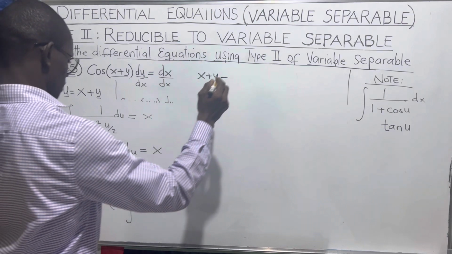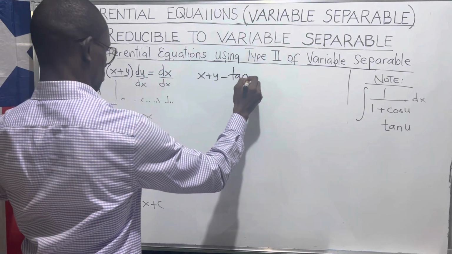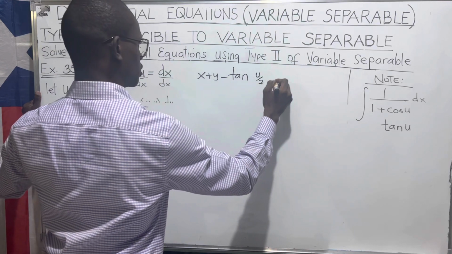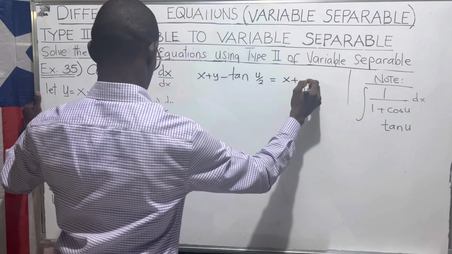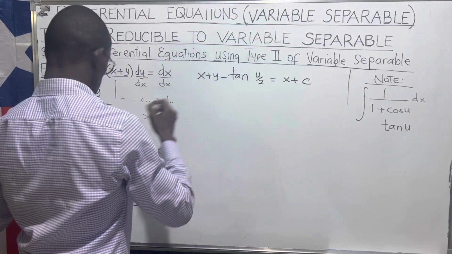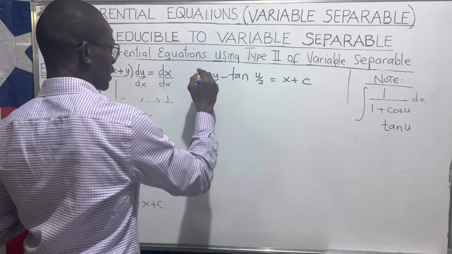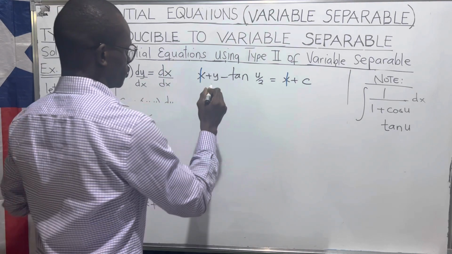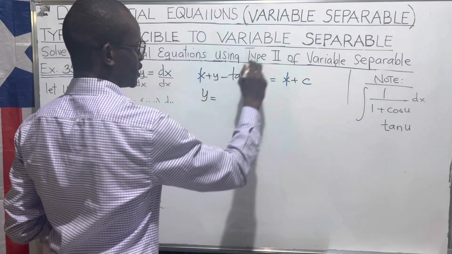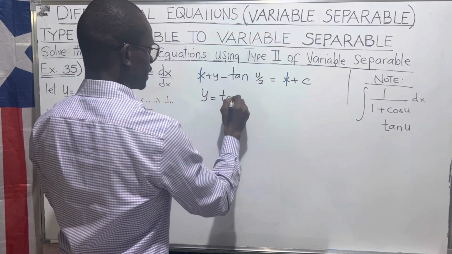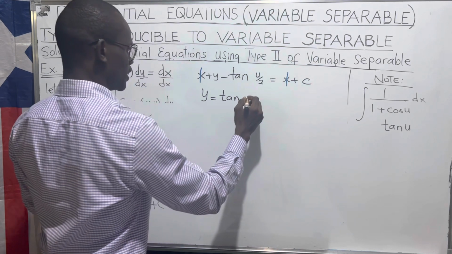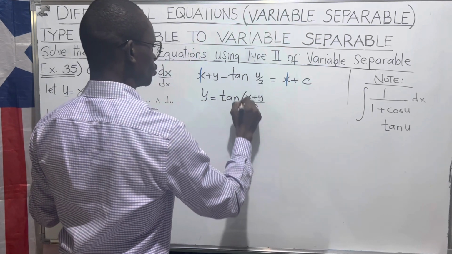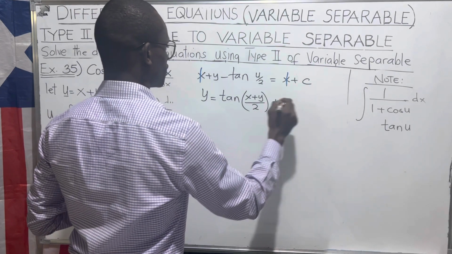So we'll be left with tangent of u all over 2 equals x plus c. But what happens to x and x? X cancels this x. So y can just be, if we send this tangent across, positive tangent of u, again x plus y all over 2, plus some arbitrary constant c.